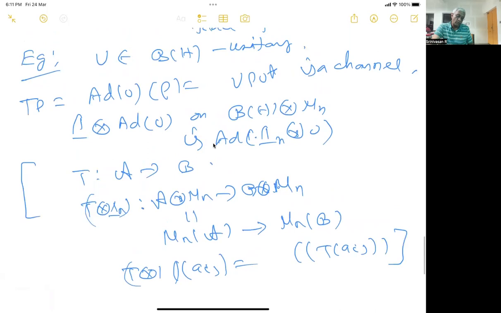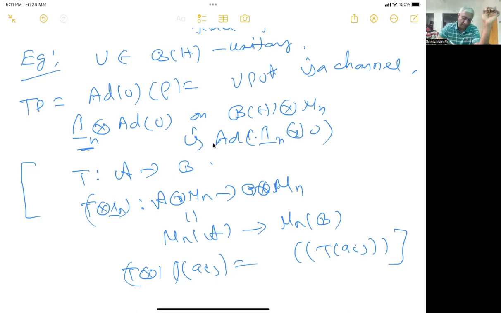So why was I talking about all these things? Now, if you take Ad U, which is just an automorphism, then 1 tensor Ad U is going to be Ad of 1 tensor U, correct? At least on an elementary tensor you can verify it, and that generates everything. From that it follows. This 1 is the identity automorphism on Mn.